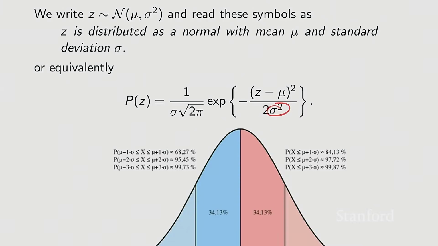And sigma squared is the variance that we talked about before, so it scales in units of the variance. Intuitively, if you get one unit of sigma away, you go down by a certain amount, and you pay quadratically. So you get this beautiful shape here. These are the usual things that you show: if you get 3 sigmas away from the mean, 99.7% of the mass is concentrated in that region.